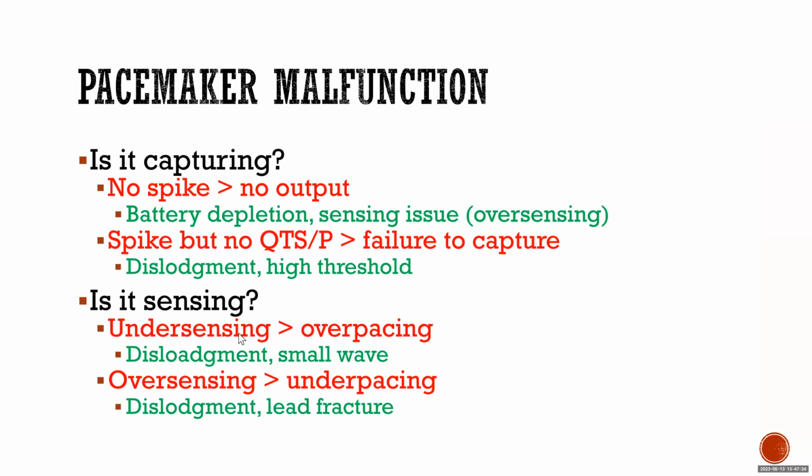Causes: dislodgement, small wave. We got dislodgement here. When both agree on one cause, it's probably the cause. This is an example of lead dislodgement. This is the X-ray immediately post-implant. It's not clear, the patient is obese, but you see the lead coming here.